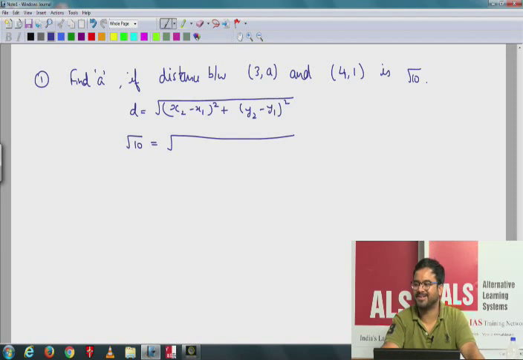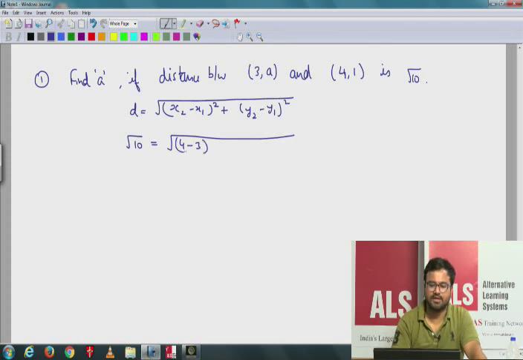Okay, I'm solving this now. Let us check x2 minus x1. So x2 minus x1 is 4 minus 3 whole square, y2 minus y1 is 1 minus a whole square.